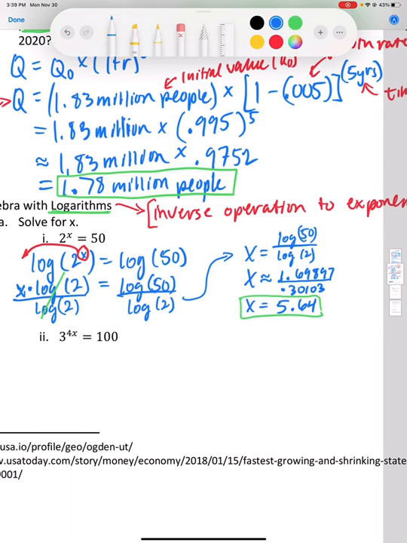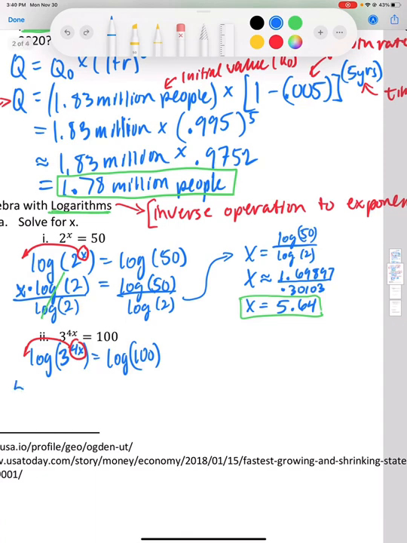So we're going to take the log of both sides: log of 3 to the 4x is equal to log of 100. These are log to the base 10 again, even though they don't write a base down there. And we can take this 4x and move it to the front of the logarithm by that property of logs.